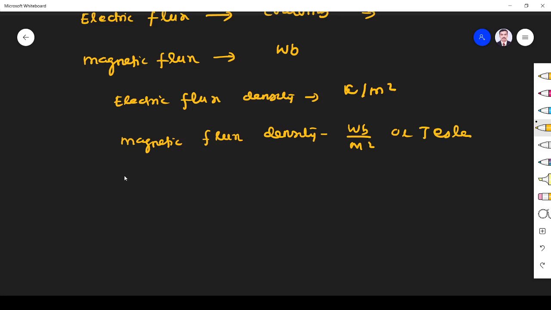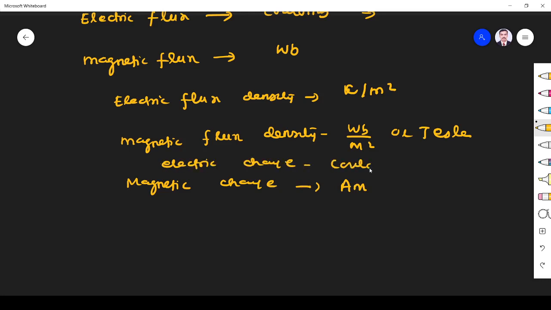Okay. Magnetic charge. We know electric charge is Coulomb, magnetic charge is ampere meter. We have close loop. So electric charge, Coulomb. Fine. Okay, then scalar magnetic potential, it is ampere.